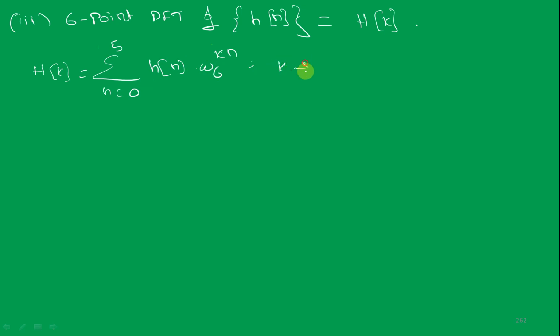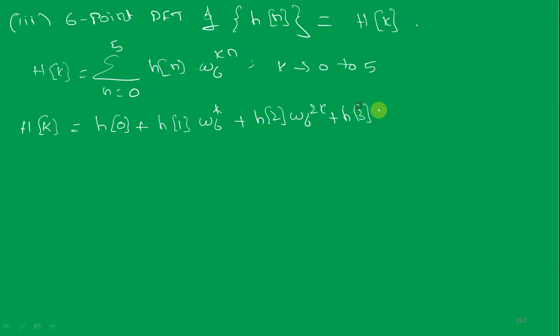Here k range is 0 to 5. So now H of k is equal to h of 0 plus h of 1 plus h of 2, h of 3 W6 power 3k, h of 4 W6 power 4k, h of 5 W6 power 5k.